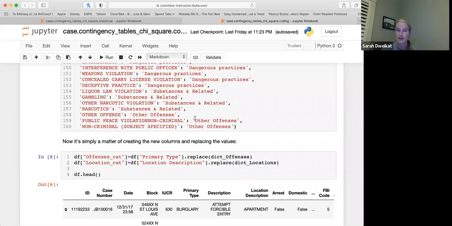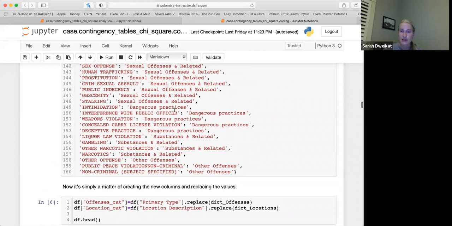So what it's going to do is anywhere in the primary type column where it sees criminal sexual assault, it's going to replace that with sexual offenses and related and put that in the offenses category column. The same with location. It's going to look in the location description column of our data set and then replace anything there with our dictionary.